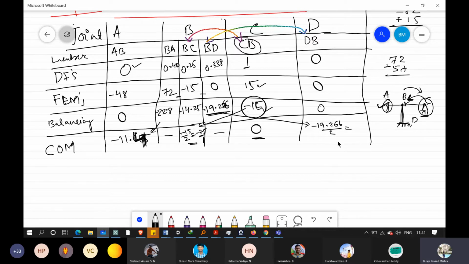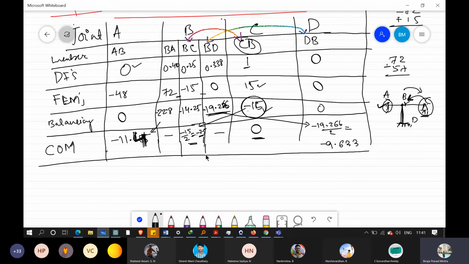Please calculate. Minus 9.633. Now after this carryover moment, next will be again balancing, right? So again balancing.